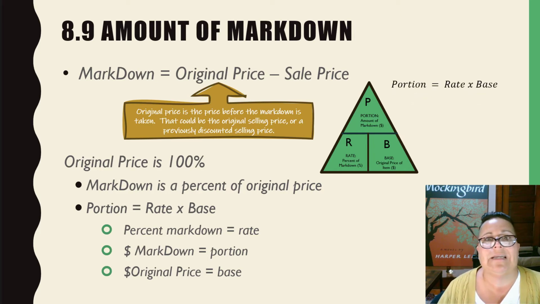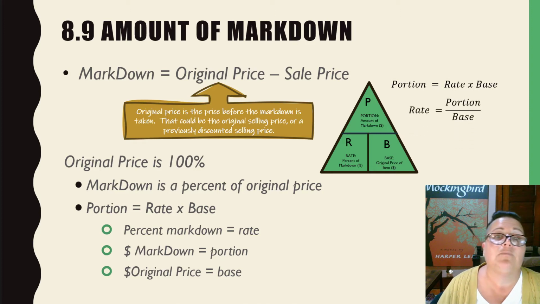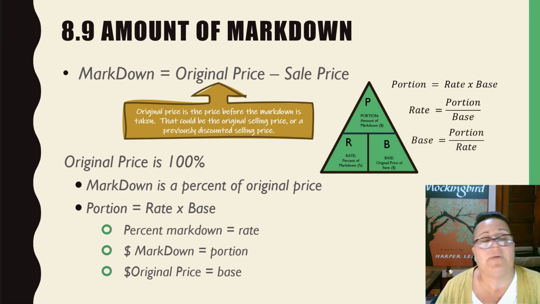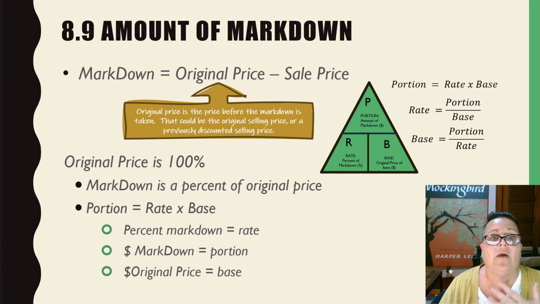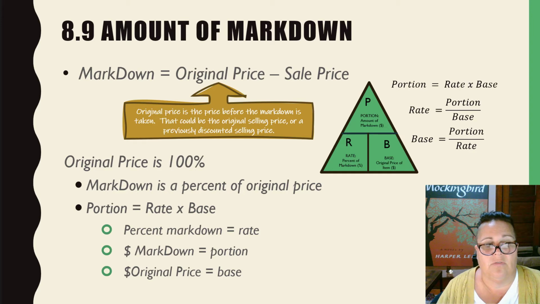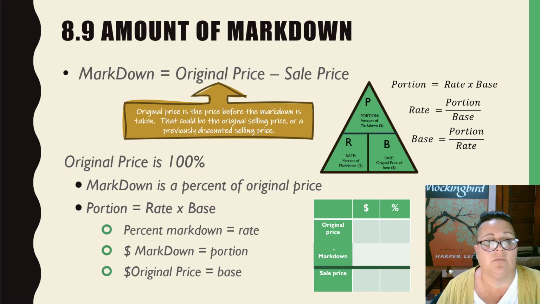The portion is the rate times the base. The rate is the portion over the base, and the base is the portion over the rate. It also means that we can use the chart. We have to modify it slightly. So instead of selling price equals cost plus markup, I'm going to use the original price minus the markdown is the sale price.